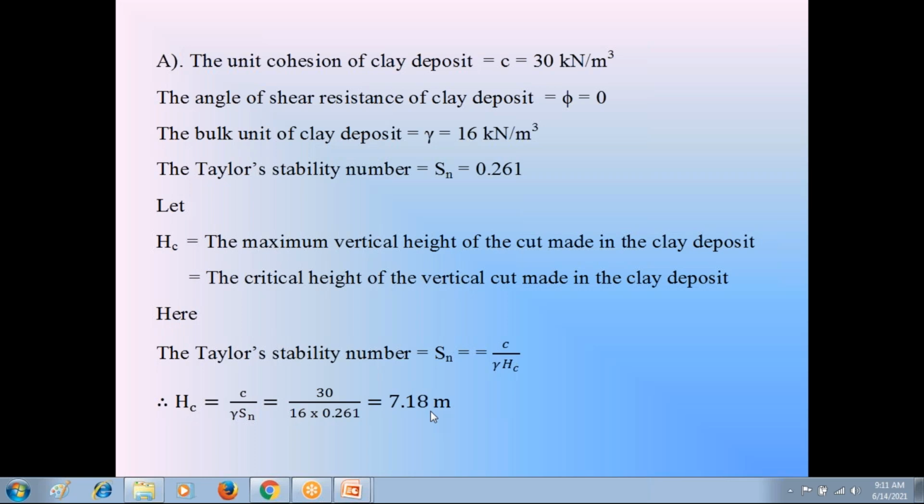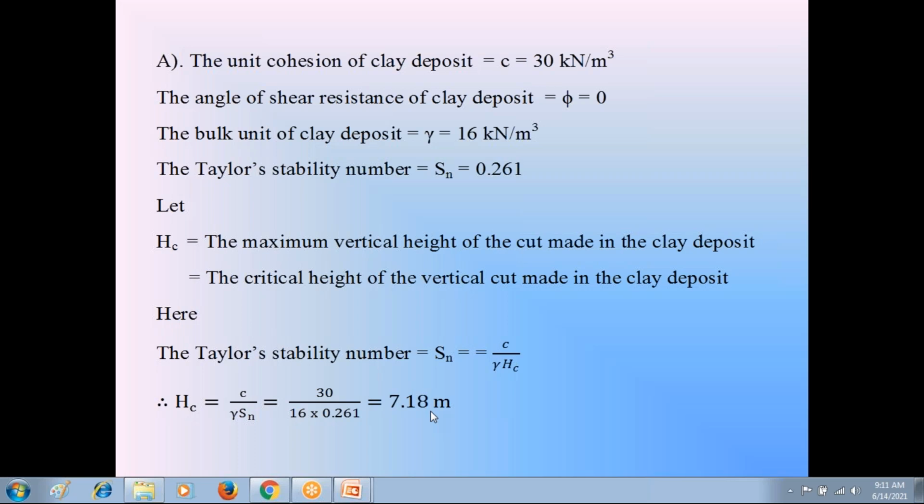Sir, in seepage flow condition only, you said you resolve that formula as gamma dash tan phi dash by gamma saturated tan I, sir. In that, gamma dash is equal to gamma saturated minus gamma w. That is cohesionless soil.